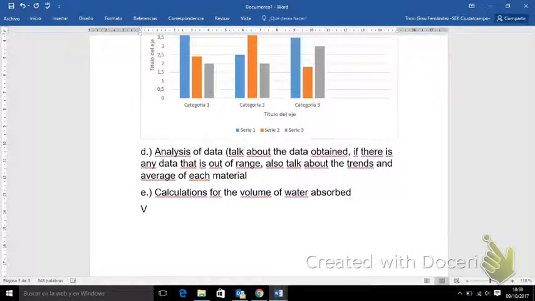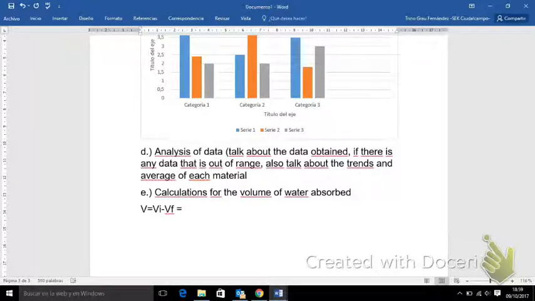Volume of water absorbed is equal to initial volume minus final volume, and that's the way you calculate the volume of water absorbed.